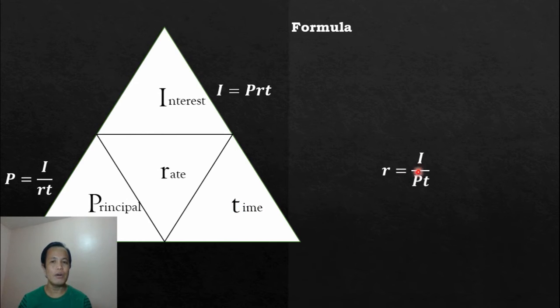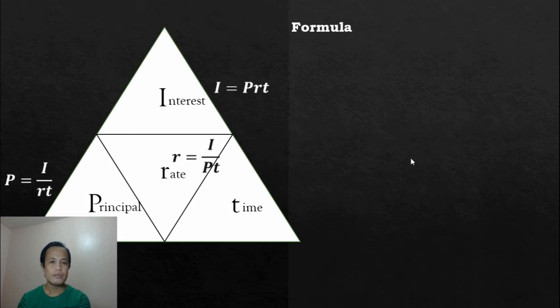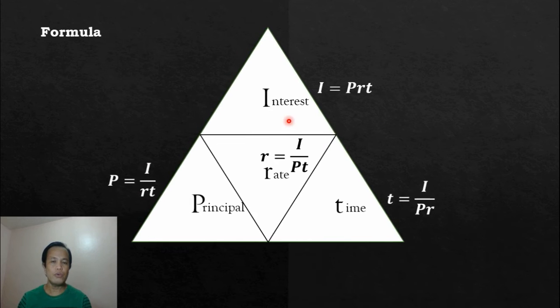So that is R equals I over PT. How about if we are to solve for time? Use the formula T is equal to I over PR. That means the interest over the principal times the rate. So these are the formulas to use to solve for the interest, for the principal, for the rate, and for the time.